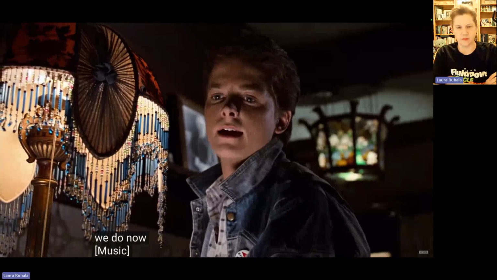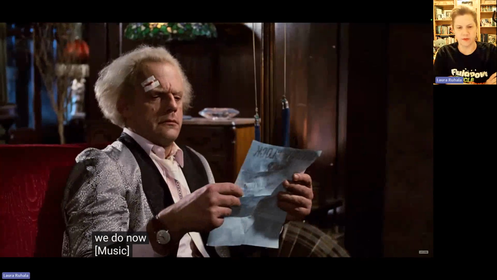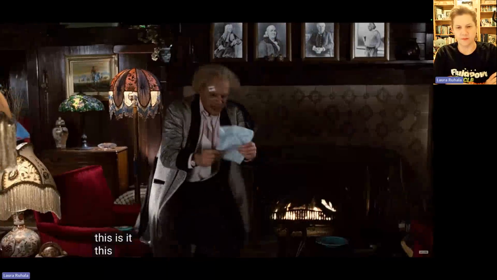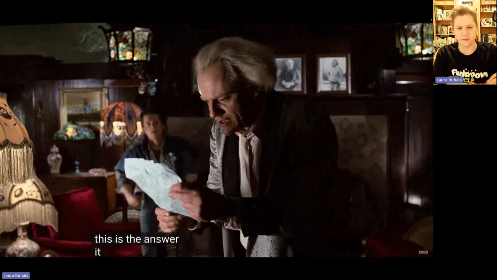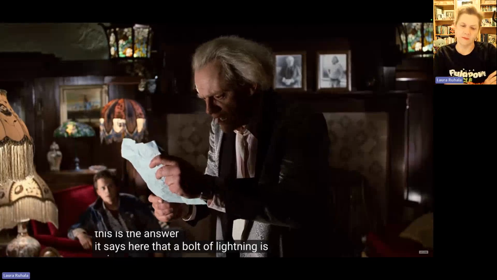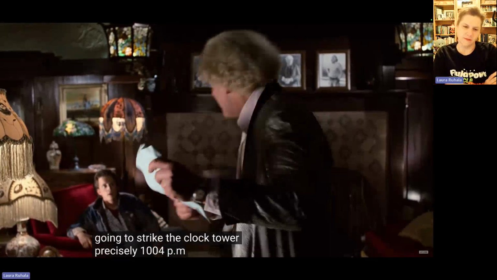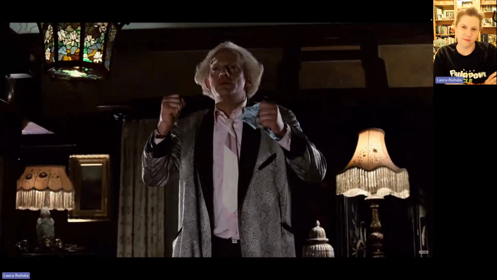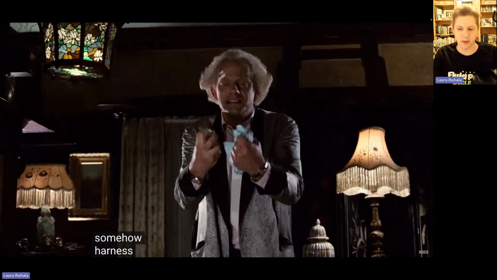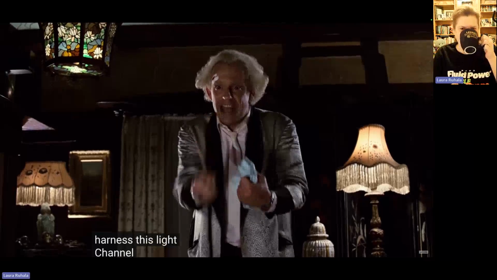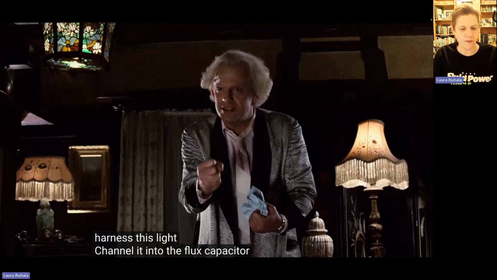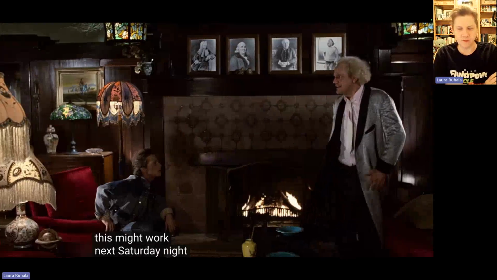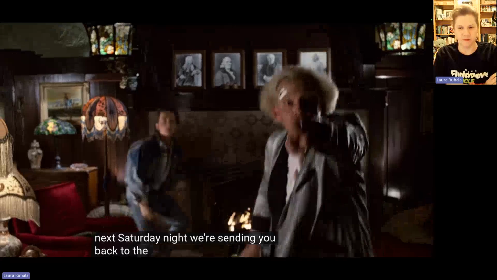We do now. This is the answer. It says here that a bolt of lightning is going to strike the clock tower at precisely 10:04 p.m. next Saturday night. If we could somehow harness this lightning, channel it into the flux capacitor, it just might work. Next Saturday night, we're sending you back to the future.